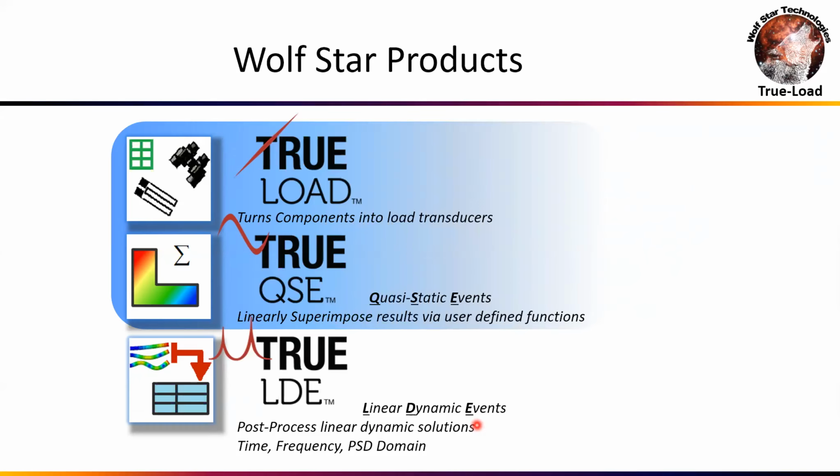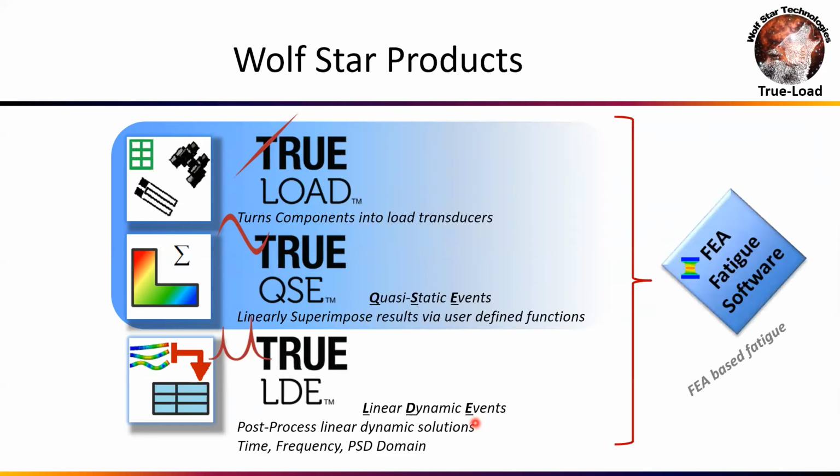All of our tools are focused around making sure that you're getting loading right. Once you've got the loads correct, we've got tools built into all of our products that automatically set up your runs for your basic FEA-based fatigue products, like FE-Safe. We can dump out the information to FE-Safe directly to set up your loading information for your fatigue analysis.